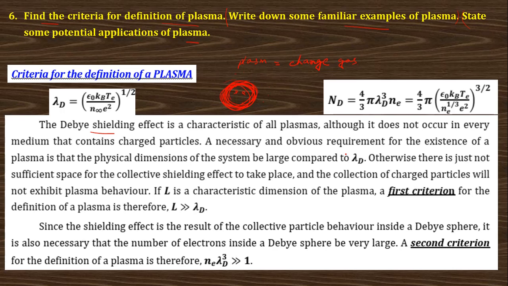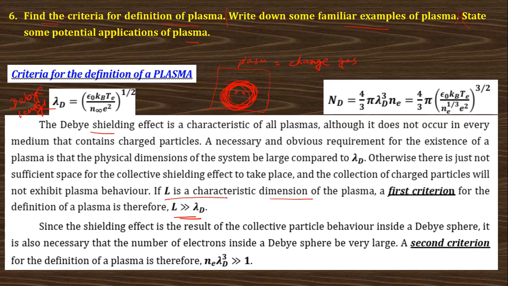Okay, in this Debye shielding, the length of the container in which we want to find the plasma, that Debye length, must be very much lower than the dimension of the plasma.